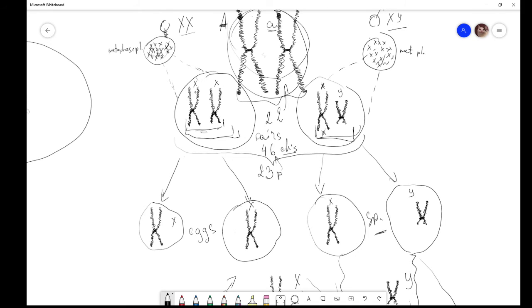This woman has two sex chromosomes, two X chromosomes, and she doesn't have this disease, she doesn't have hemophilia, but her mother has this gene and passed this gene to her daughter, to our woman.